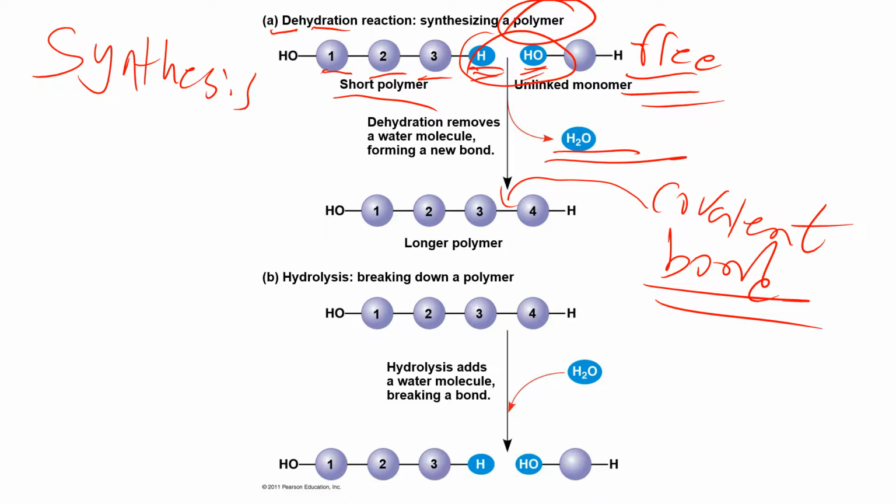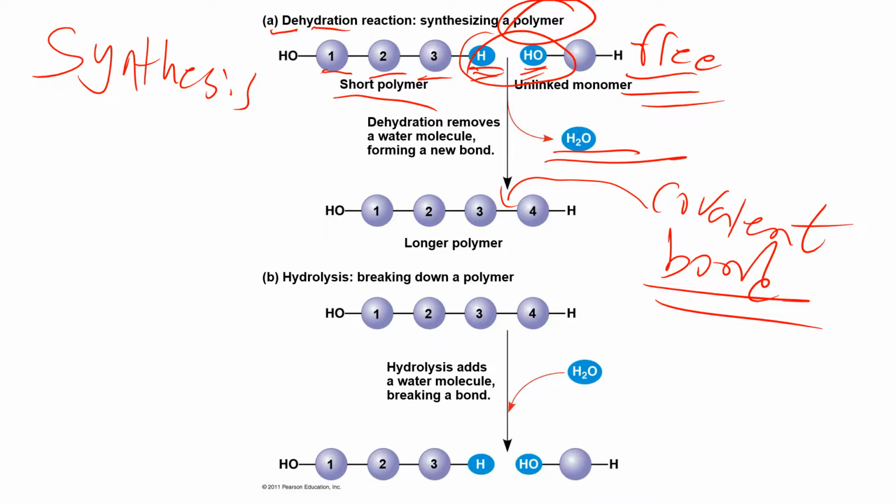If you want to add another monomer, it involves another dehydration reaction. And it can get longer and longer and longer. It doesn't matter, again, whether I'm talking about carbohydrates, proteins, or nucleic acids.